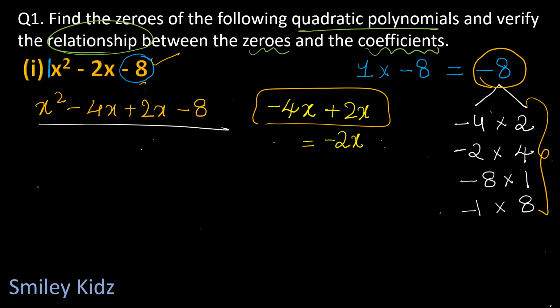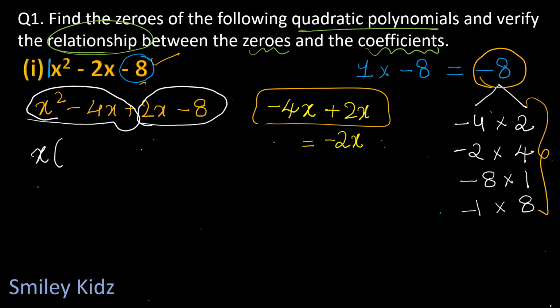In x squared minus 4x, I can take out x common, and in brackets, we have x minus 4. Plus, in 2x minus 8, I can take out 2 common, and I'll be left with x minus 4 in the brackets.